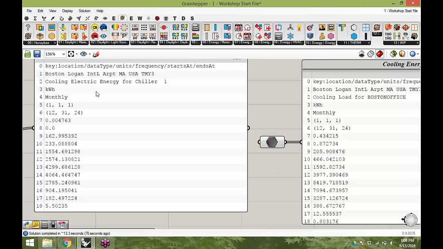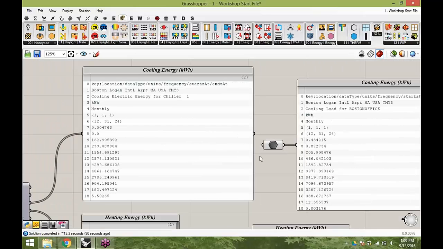The reason is that for every unit of electricity, you're usually able to remove much more heat from the zone with that cooling system. The heat removed from the zone divided by the electricity needed to run that chiller is called the coefficient of performance. And so that's why you don't see exactly matching values between these two.